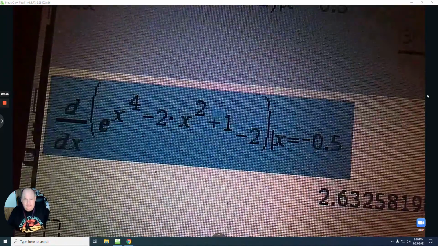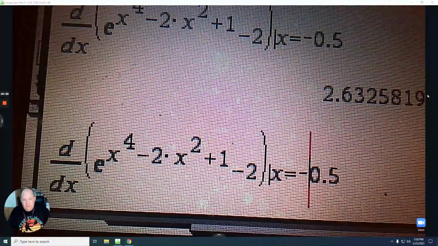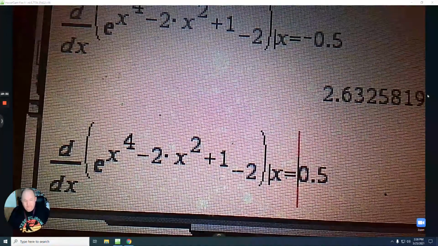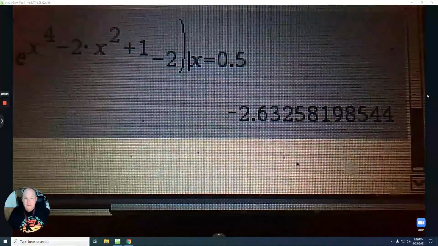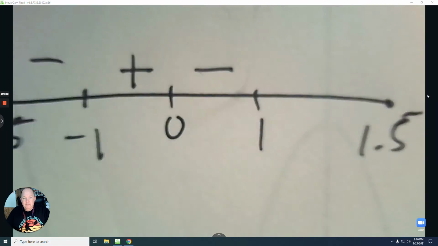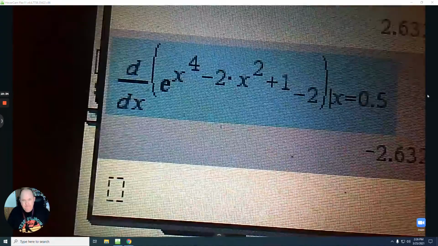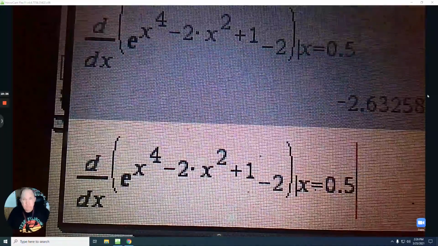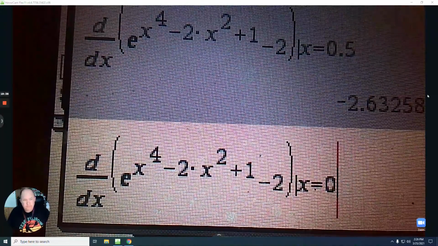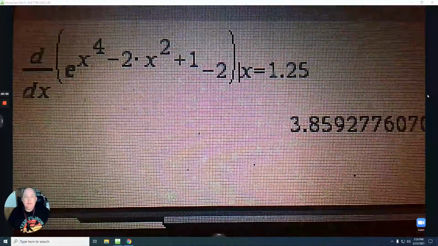Do the work again, now positive 0.5. So every interval, plug in a number that's in the interval. That's a negative value. And then one more time, plug in a number between 1 and 1.5, like 1.25. And it's positive.